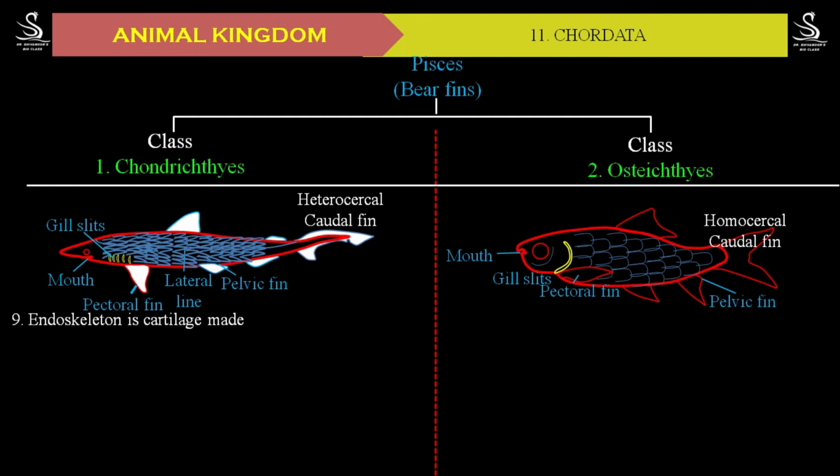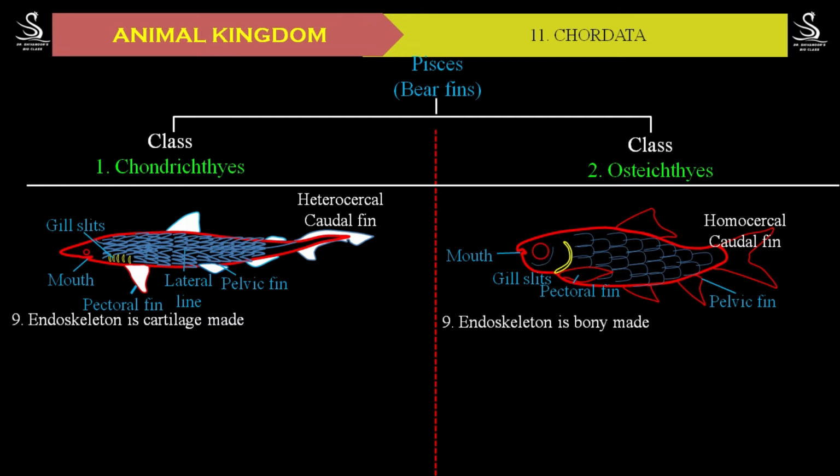So here we are observing Chondrichthyes fishes all have cartilage made endoskeleton, and you might have understood in the structural organization in animals topic, the cells which were there in the cartilage are called chondrocytes, and even by that way also you can remember the Chondrichthyes fishes are the cartilaginous fishes.